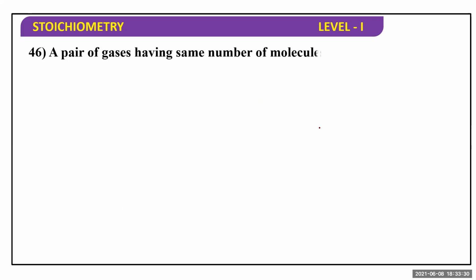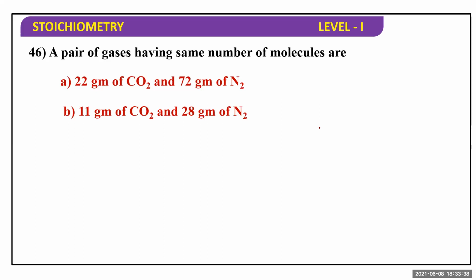Next, a pair of gases having the same number of molecules, you can also calculate it. 22 gram of carbon dioxide means 0.5 mole. So the first one is not correct. 11 gram carbon dioxide is 0.25 moles, and there is 0.5 moles plus 1 mole. So it is not correct. 44 gram carbon dioxide is 1 mole, and 7 gram nitrogen is 1/4 mole.